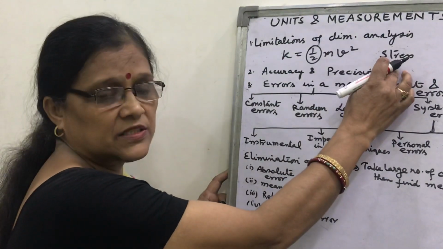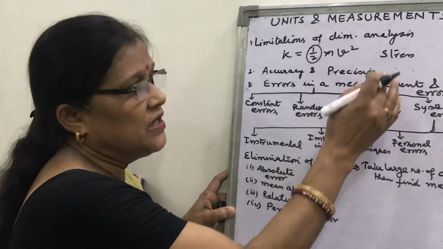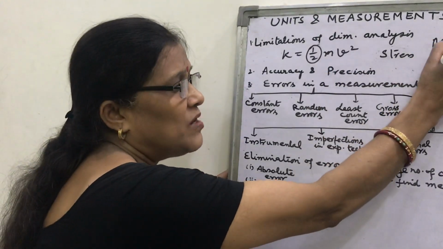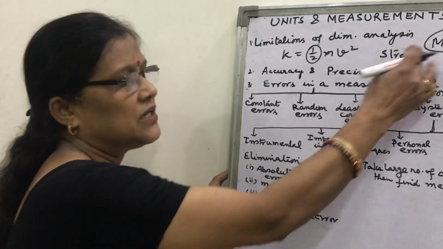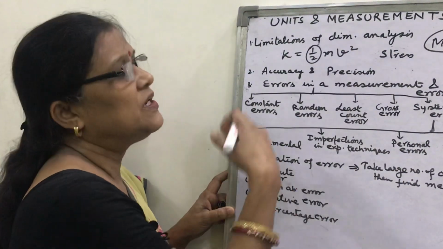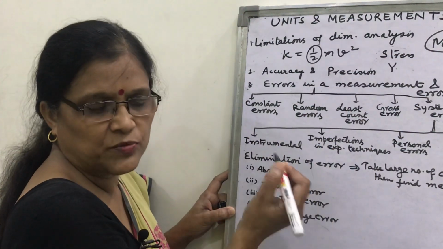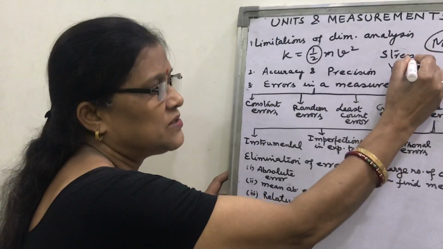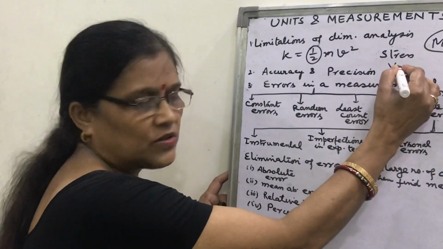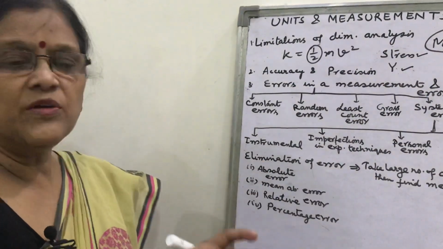Stress is also restoring force per unit area, but if it is written ML minus 1 T minus 2, whether it is pressure or it is stress. Similarly, Young's modulus Y is also stress upon strain. Strain is dimensionless. So Young's modulus or modulus of elasticity, stress, pressure, they are different quantities but their dimensions are the same.